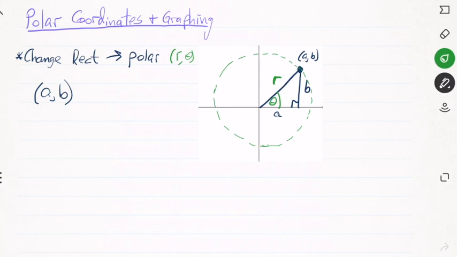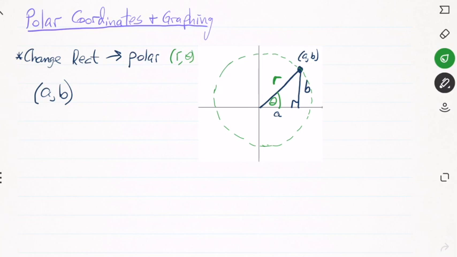All right, so a couple things that we need to find. Well, r is a good one to go looking for. But we also want to relate a and b to r and theta. So let's just set up some trig. We have a theta, we have a b, and an r. Let's start with a. We have theta, a, and r.